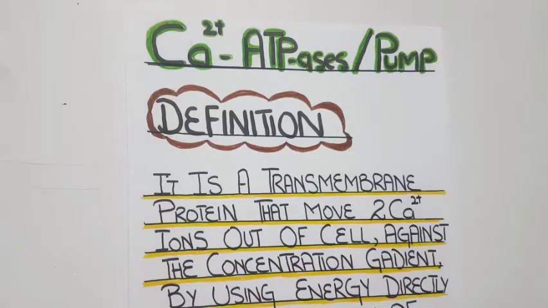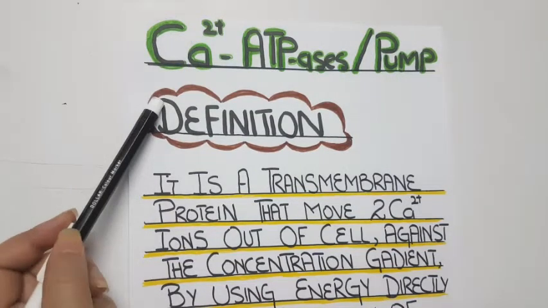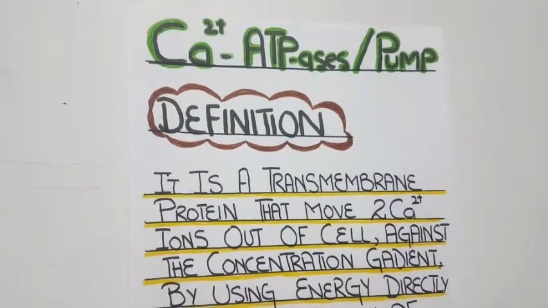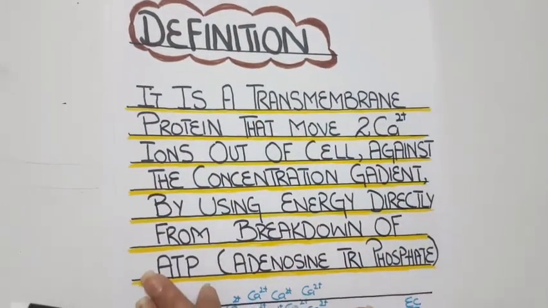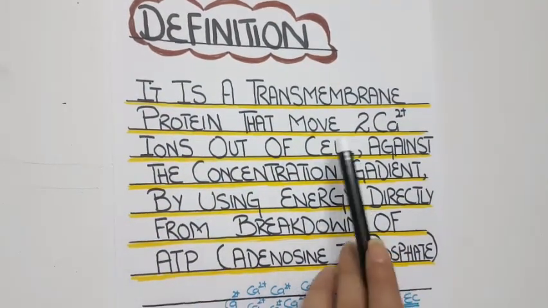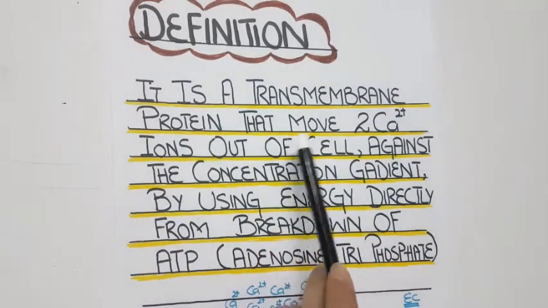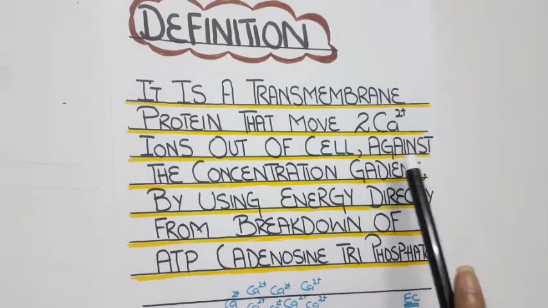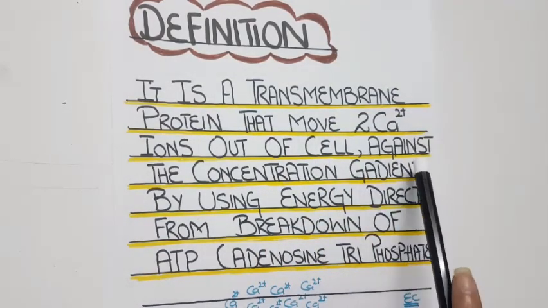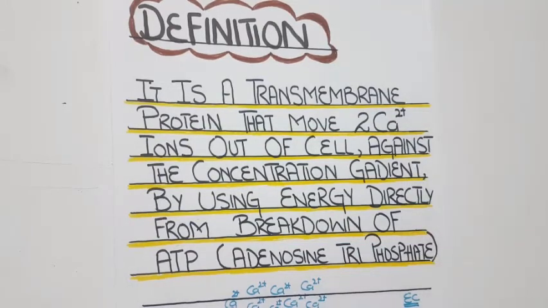Okay, next is the calcium ATPase or the calcium pump. This is defined as a transmembrane protein that moves 2 calcium ions out of the cell against the concentration gradient by using energy directly from the breakdown of ATP.